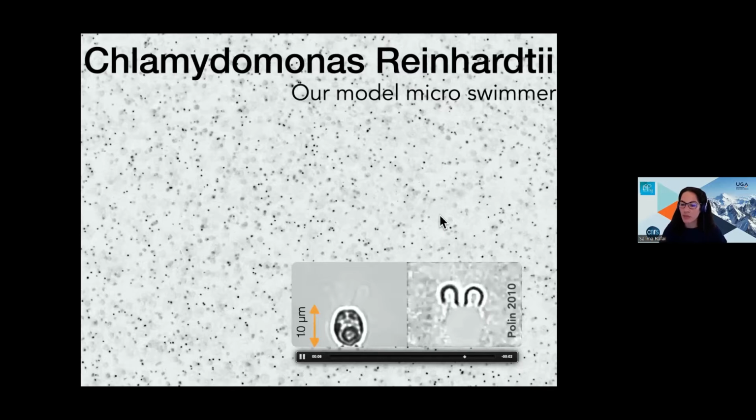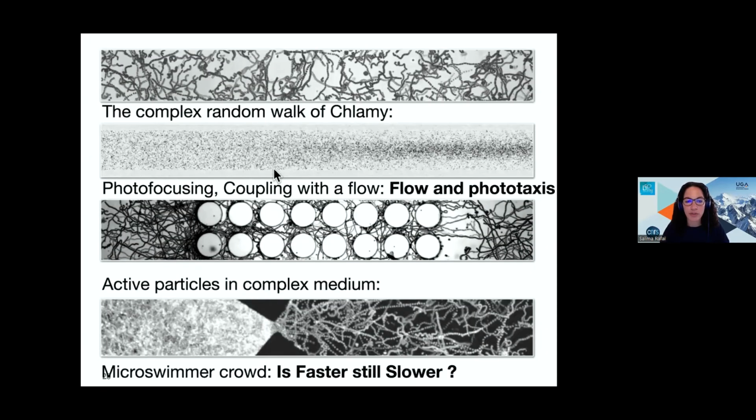So what I will try to go through, if I have time, is a little bit of detail on the complex random walk of this system, just the microscopic description of the swimming behavior. Then I'll show you two examples of how the swimming couples, first to a flow, here in what I call the photofocusing experiment, and how the swimming is coupled to a complex environment.